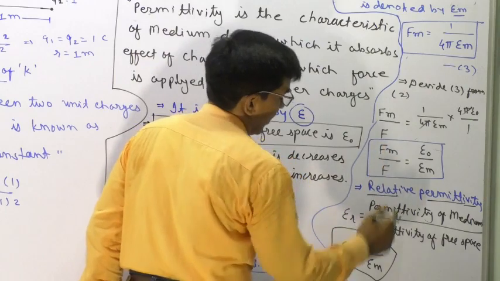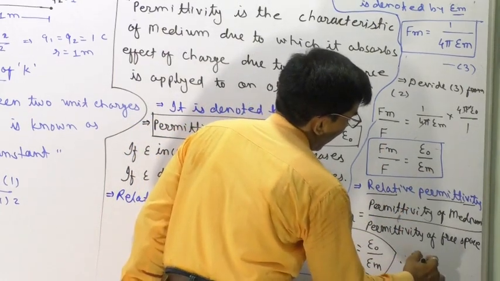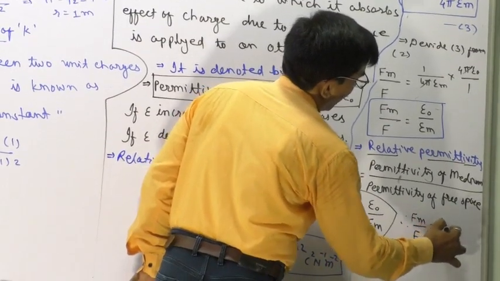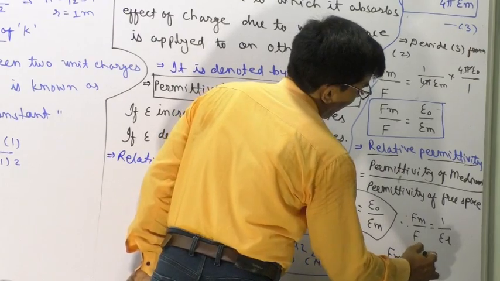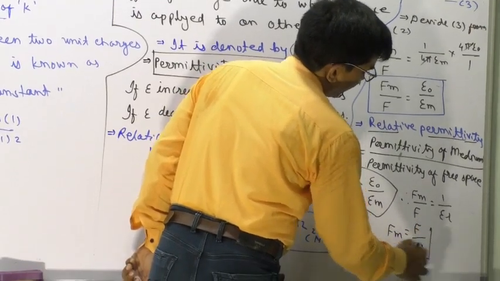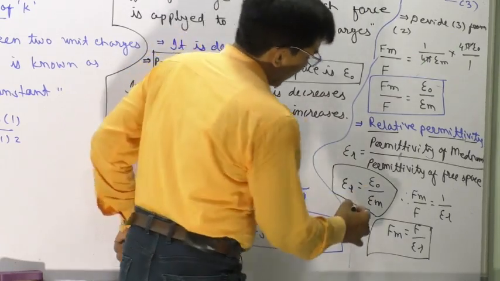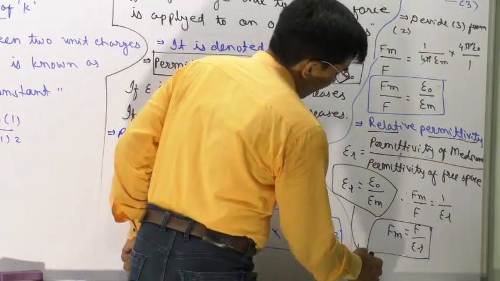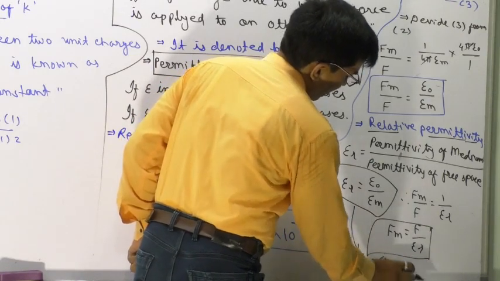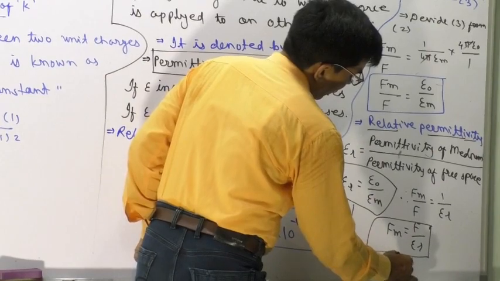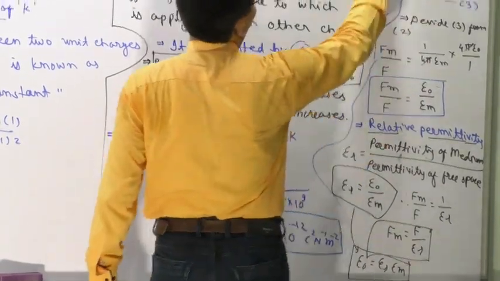If we put this here, what would happen in this equation? Fm upon F will be 1 upon epsilon r, so Fm will be F upon epsilon r. If we write epsilon m, then we can write epsilon m equals epsilon r into epsilon naught. This would also apply here.